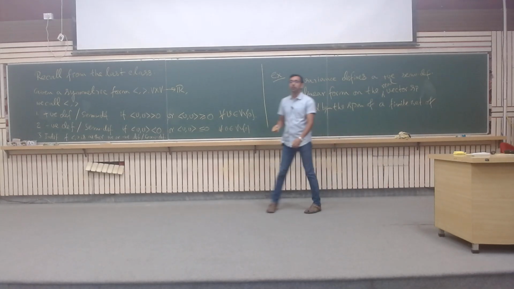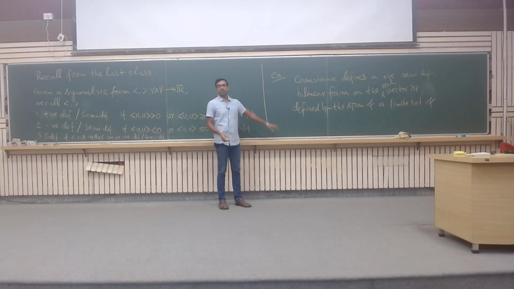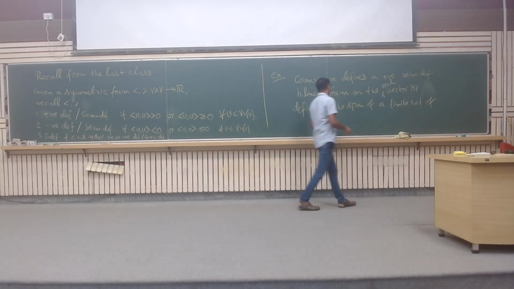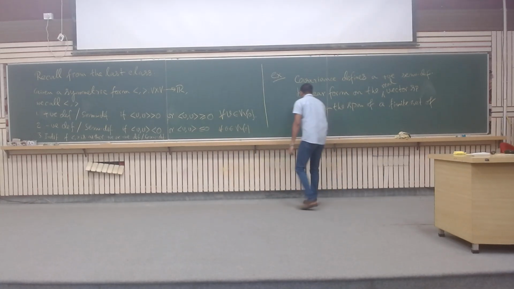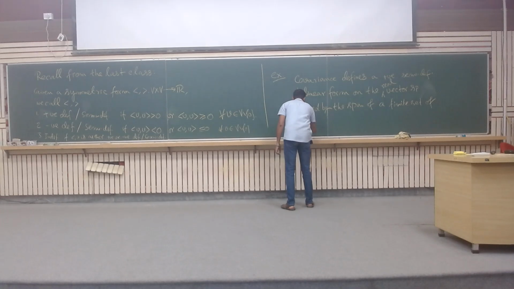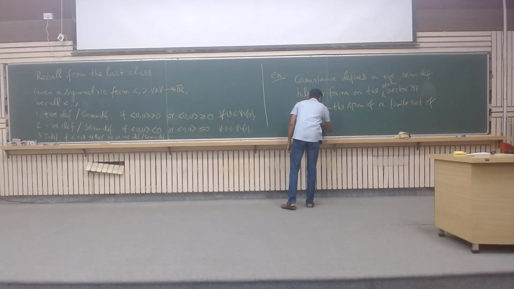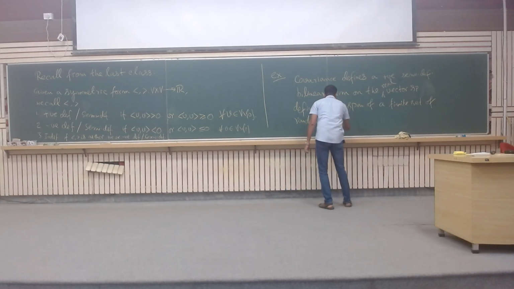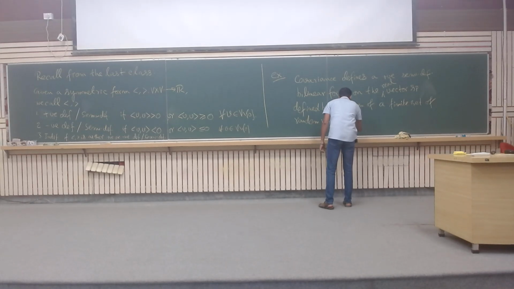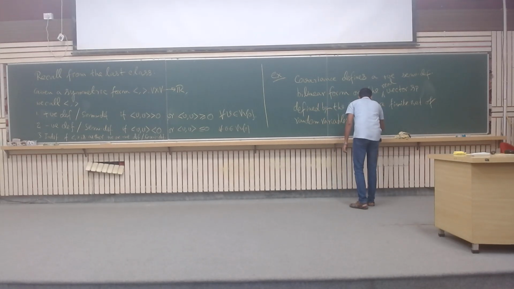Because you do not know what random vectors are, just take a finite set of random variables, call that your random vector. In fact, that is a random vector. Okay, all defined on the same sample space.